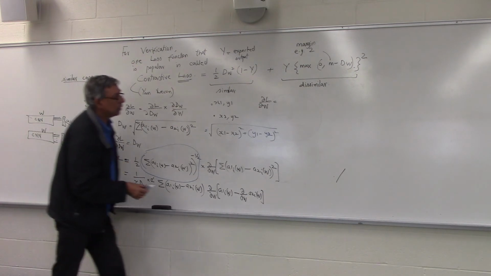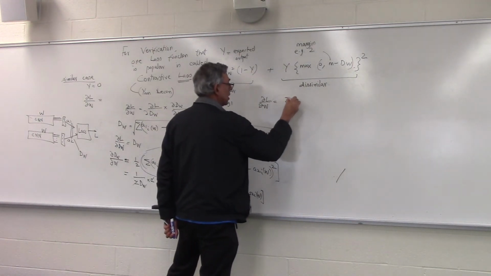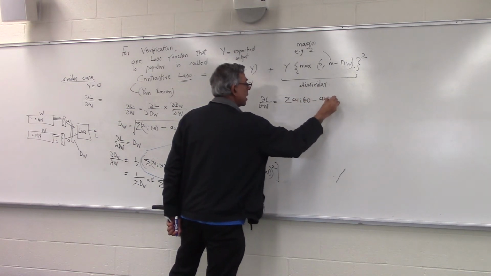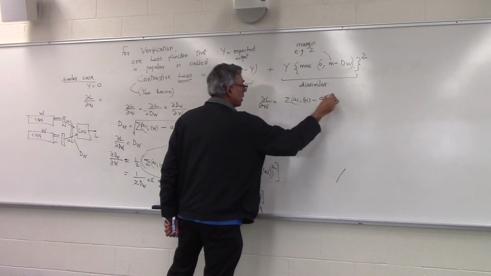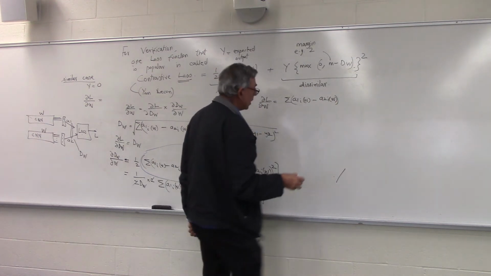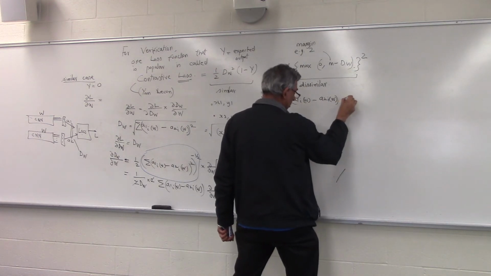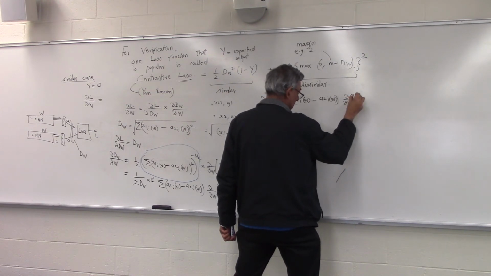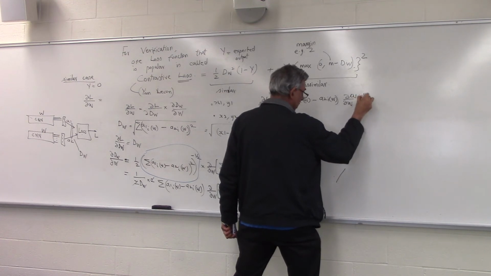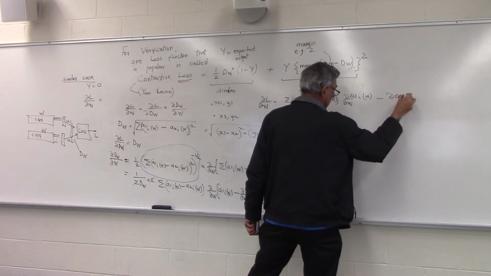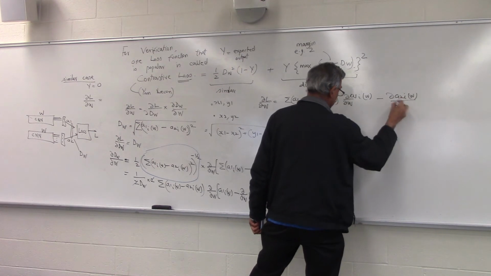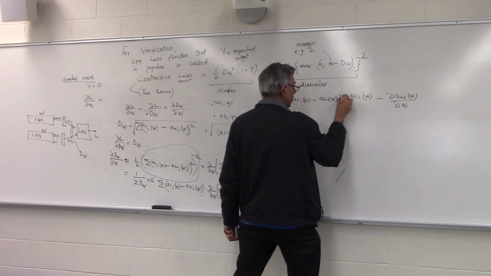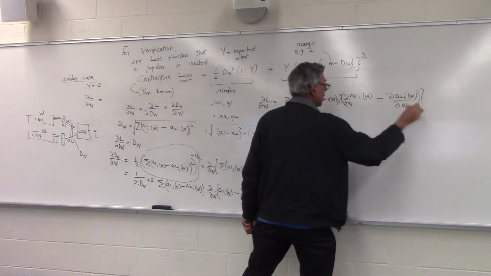Simply the summation on I of A1 of I of W minus A2 of I of W, times partial A1 of I of W over partial W minus partial A2 of I of W over partial W. And there should be a summation over here.